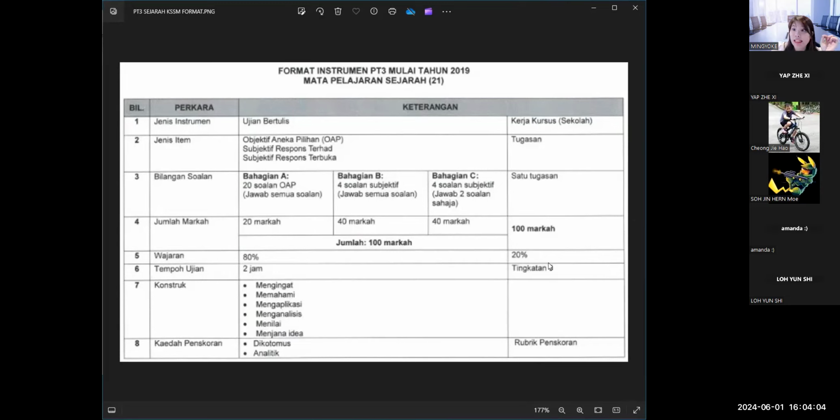Can you see Tingkatan 3? Now, which Tingkatan are you in? Tingkatan 1. Still very young.